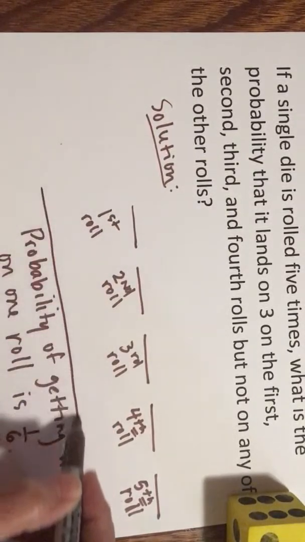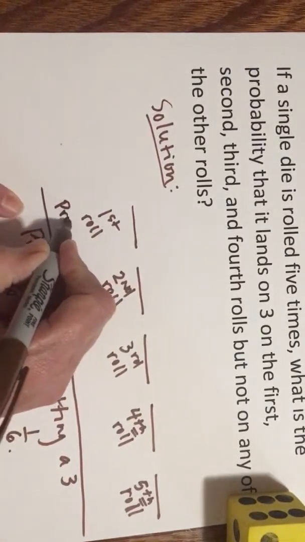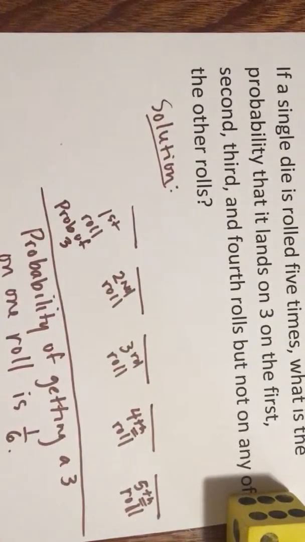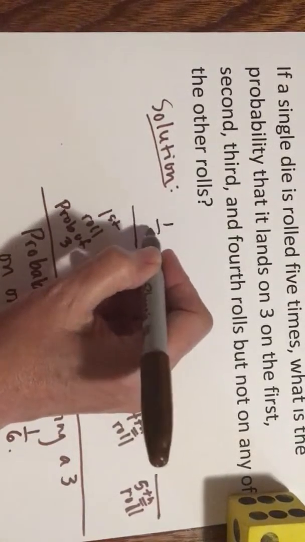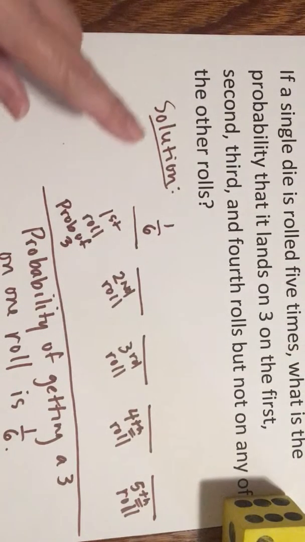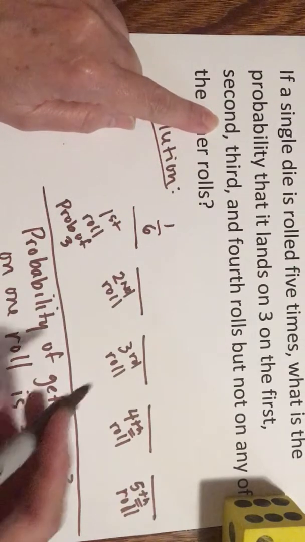what I'll do is underneath first roll, we want to know there the probability of 3. On that one roll, well, that is 1/6. So you put 1/6 in the first blank. And then it also said 3 on the second roll.